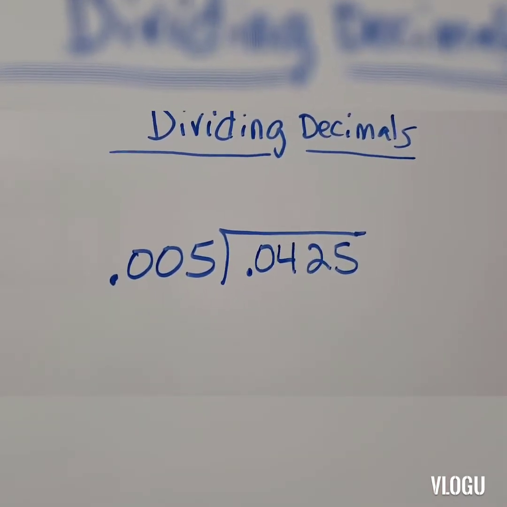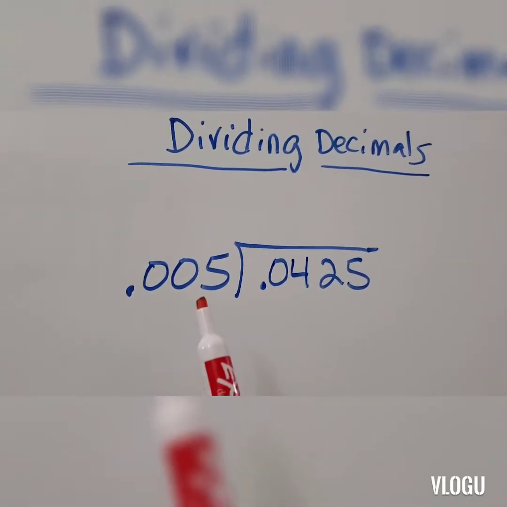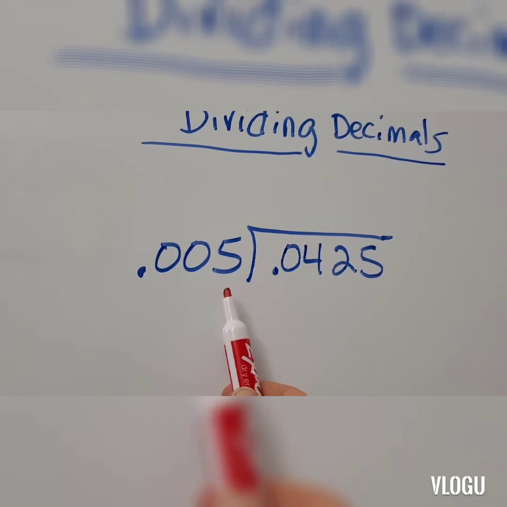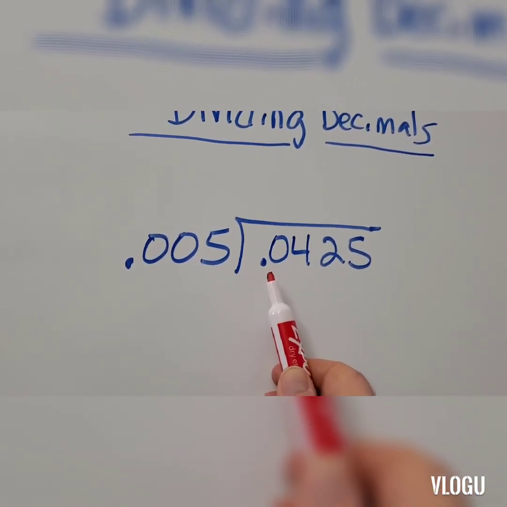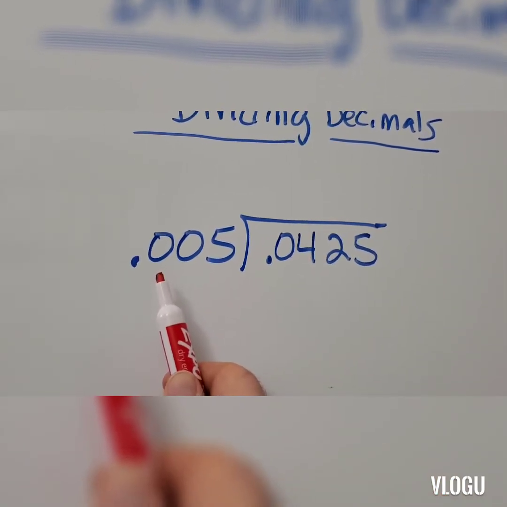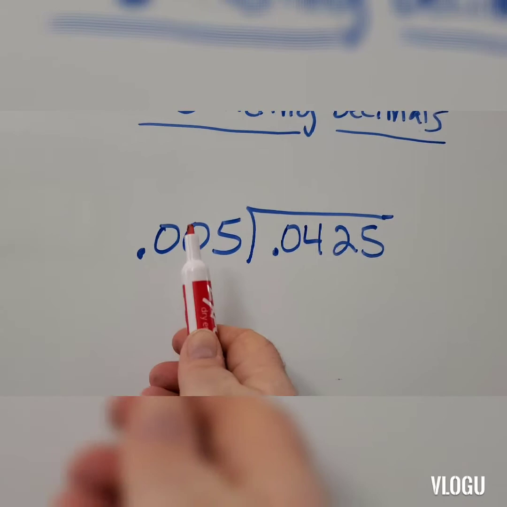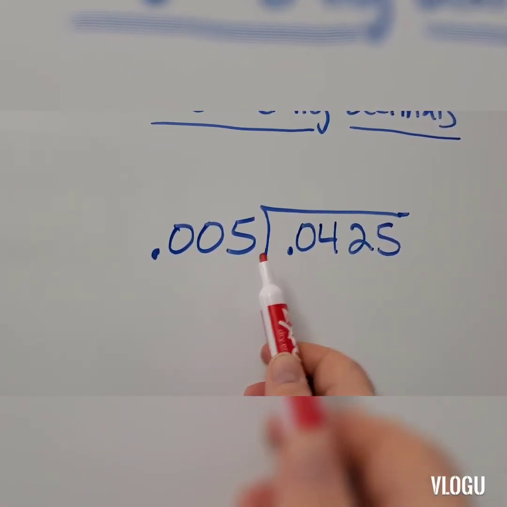For this example, we've got some more dancing to do. We have 5/1000ths in our divisor. We have a decimal here in our dividend. But this is what's causing us an issue. This is what's causing us to put our dancing shoes on and do the decimal slide. I want to change this into a 5.